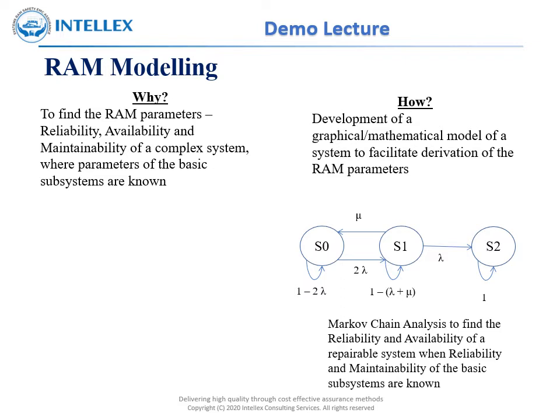It is important to note that Markov chain analysis considers the failure time as well as repair time of the system, in addition to the time for which the system functions normally. Therefore, the reliability as well as availability of the system can be derived by this technique.